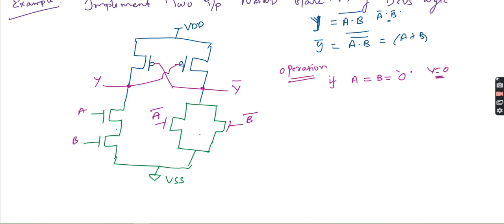Then this is A bar plus B bar, because we are applying De Morgan's law. So Y is equal to A bar plus B bar, and Y bar is equal to A plus B.